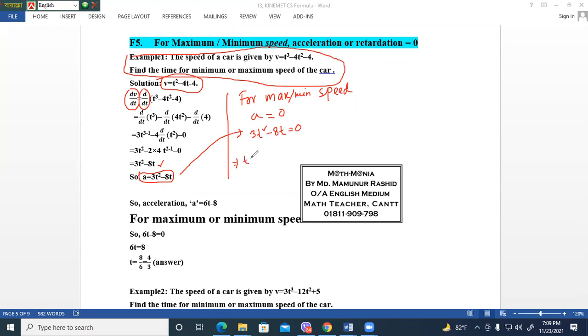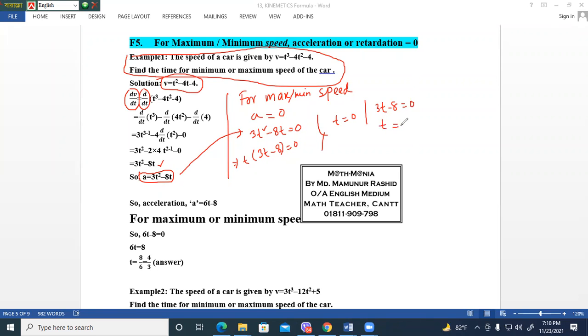And t is common, that is t(3t minus 8) equals 0. So time should be, the first one is 0 and the second one is 3t minus 8 equals 0.